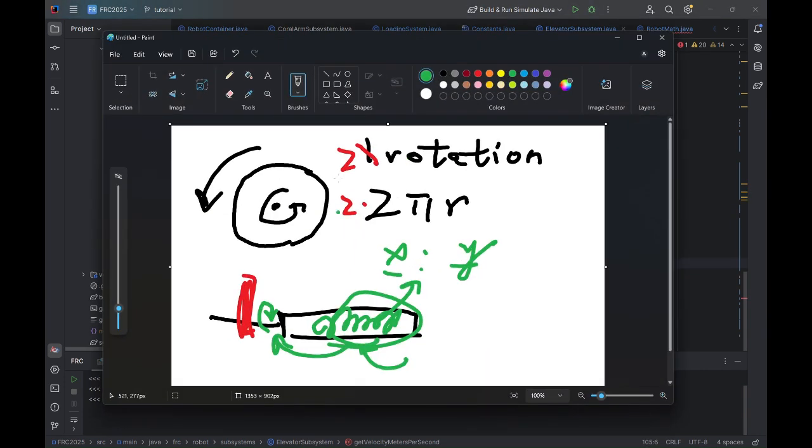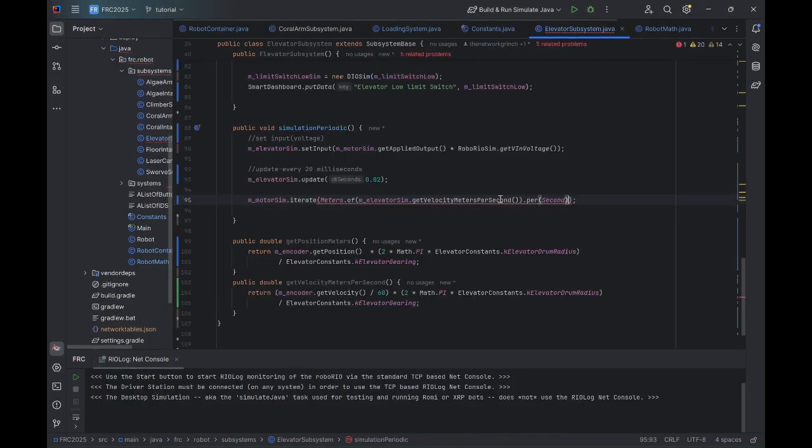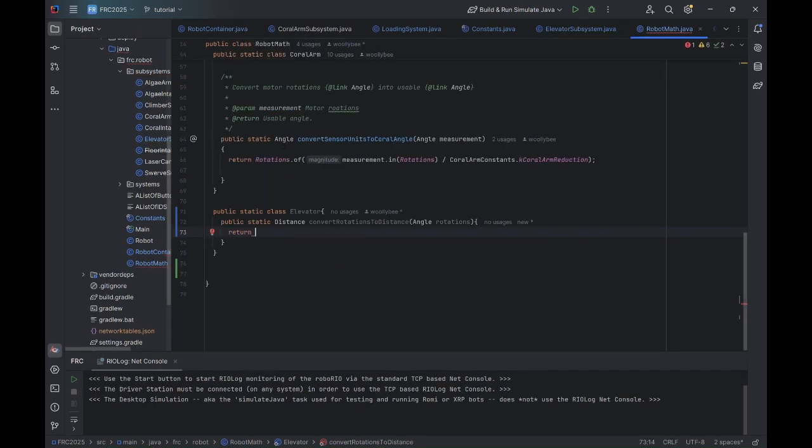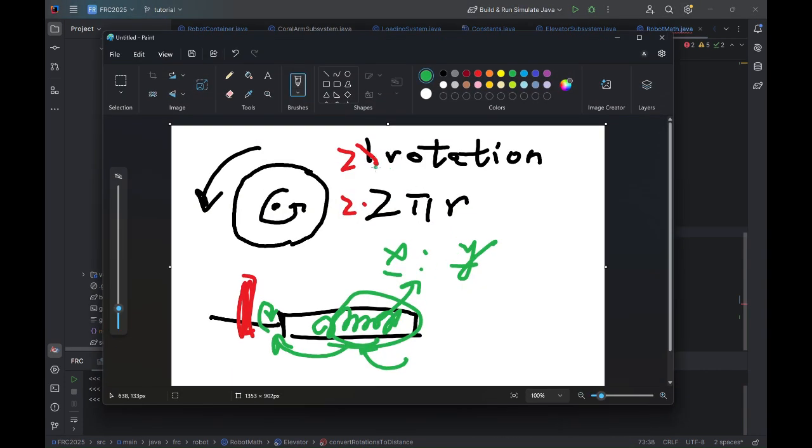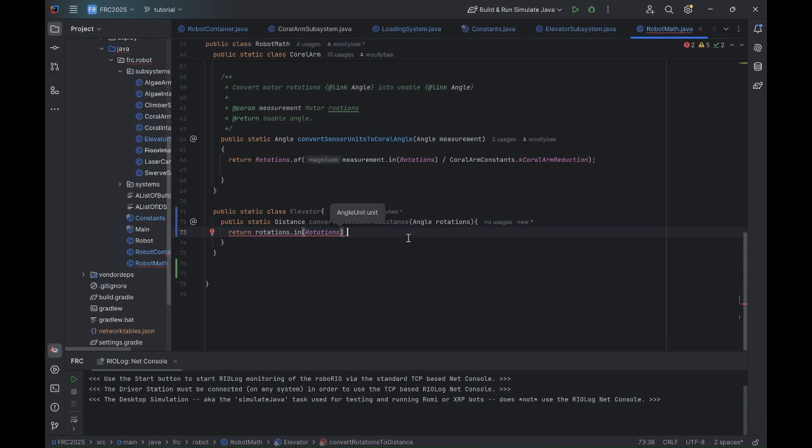It's a similar process: we're taking the rotations and converting it to linear distance. So let's take the rotations and give it a unit. Then we need to convert it to distance. Remember, for rotations to linear, we just multiply by the circumference and the gear ratio.